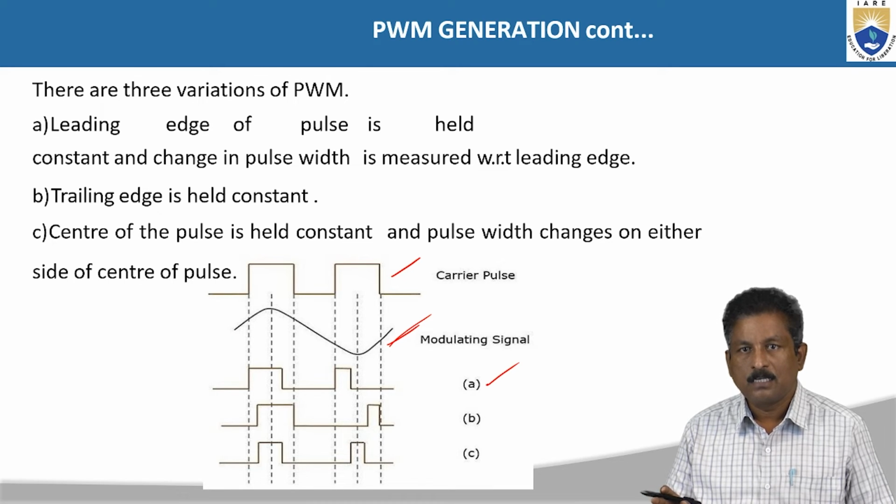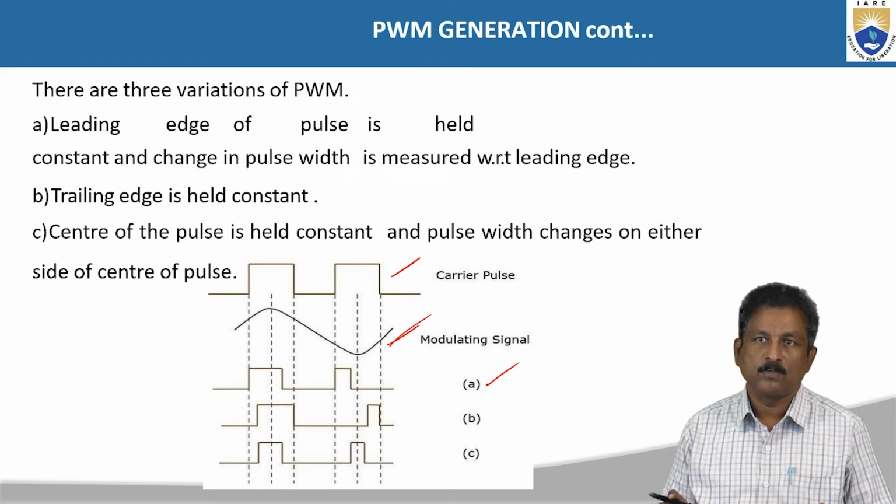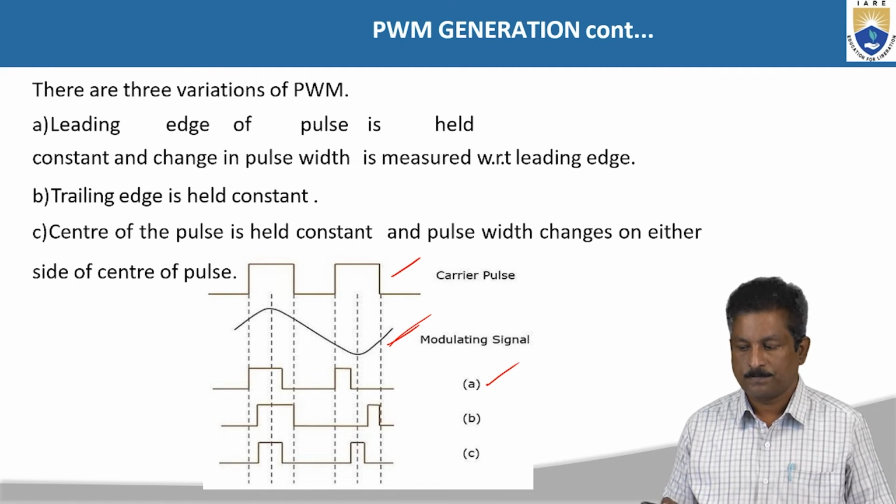Another is making the trailing edge constant and moving the leading edge as a variable. The third case is making the center of the pulse constant and making the movement on both sides, the leading edge side as well as the trailing edge side. So those are the three cases of how we vary the pulse width modulation.